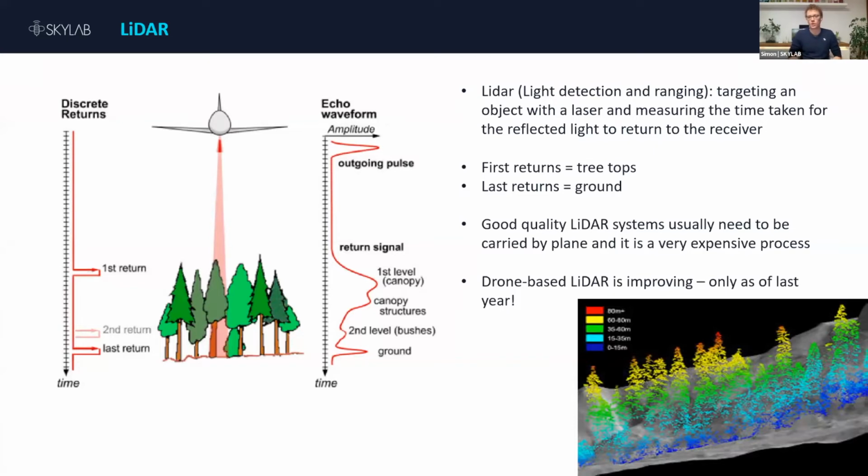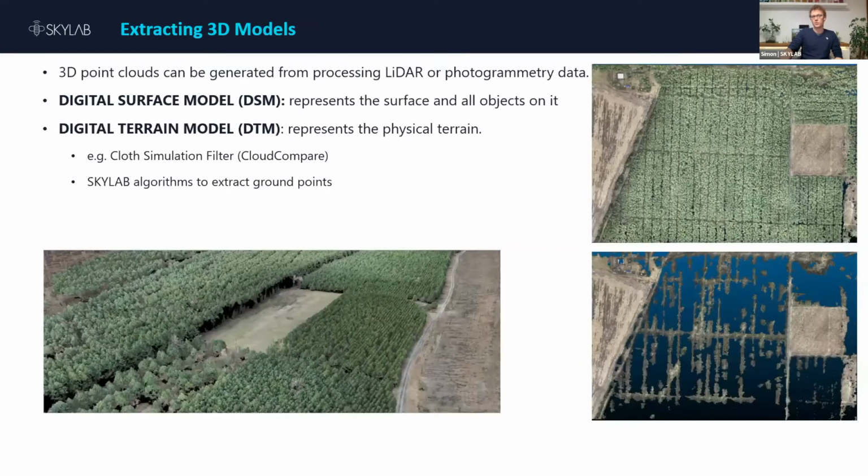These are the returns of the signal. With that, you get an active sensor measuring directly the height of the trees, and you can do 3D modeling quite easily. This is also done with drones, it's just changing the technology.